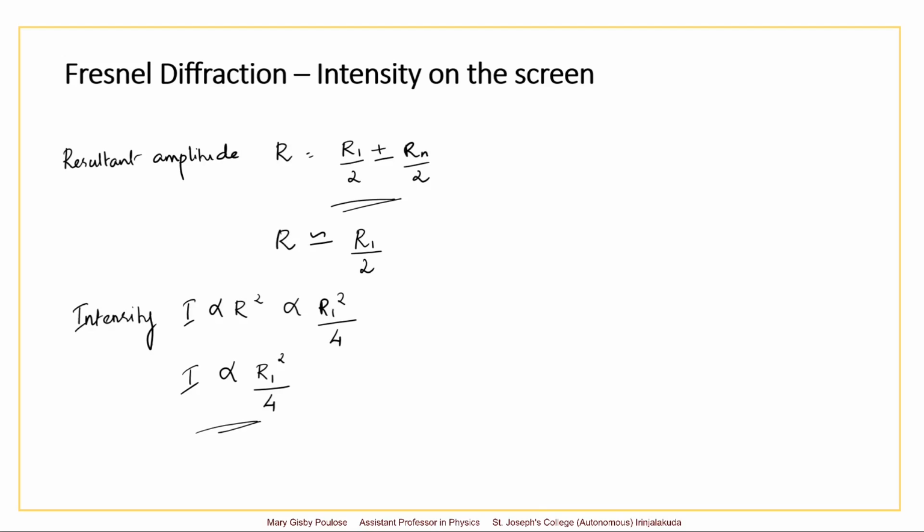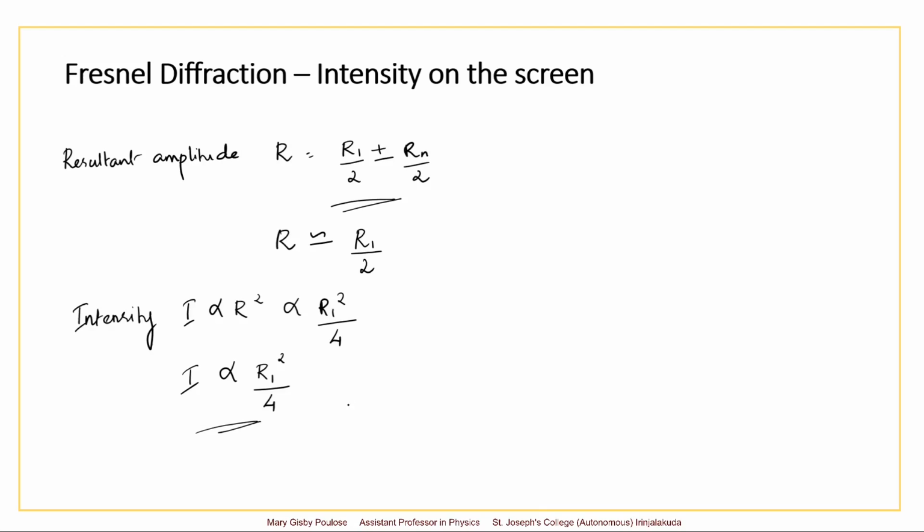That is, in place of the first half period zone, I have an obstacle that is preventing light from passing through. We won't have any amplitude from the first half period zone, and hence we won't get any intensity pattern on the screen.